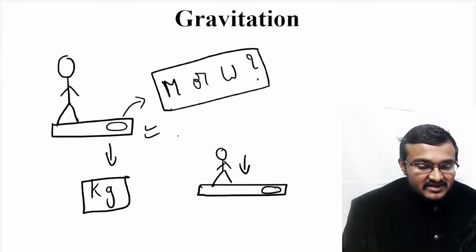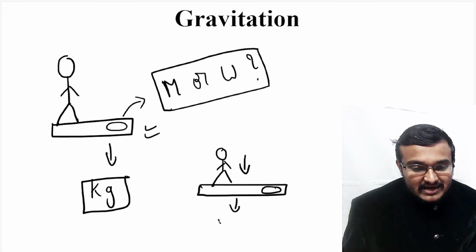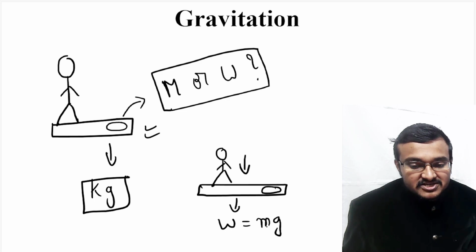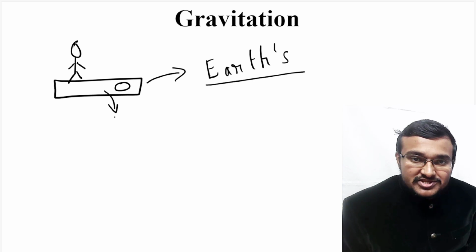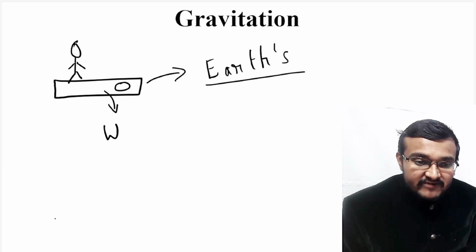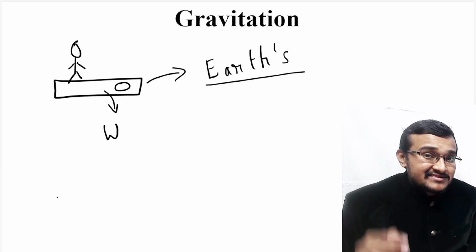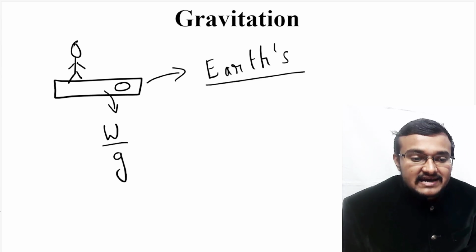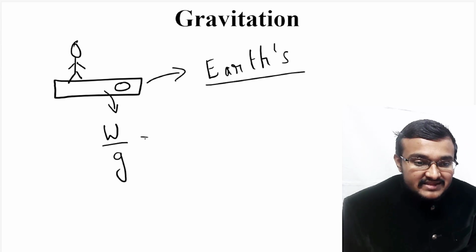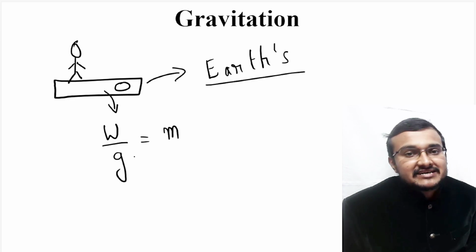So the weighing balance is measuring your weight, which is equal to mass times acceleration due to gravity g. This measured weight is divided by acceleration due to gravity, and that will be equal to mass.